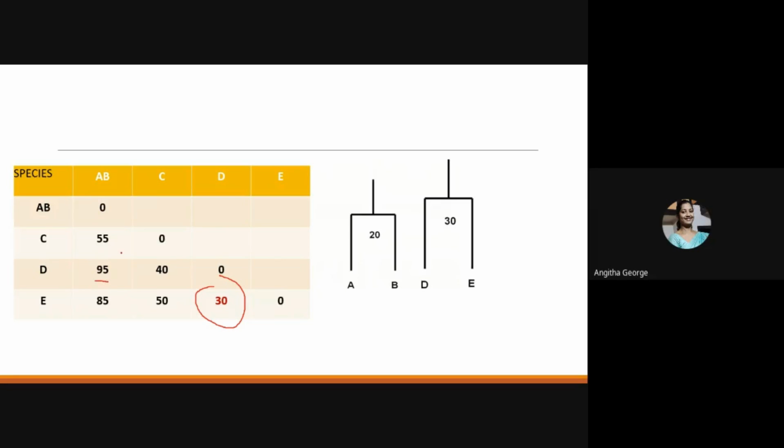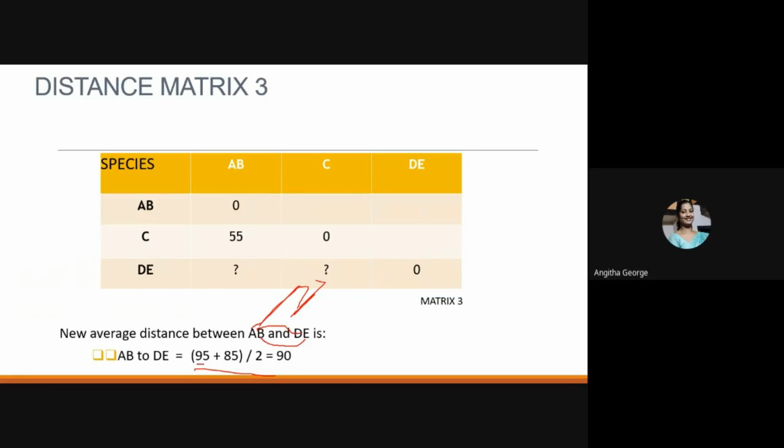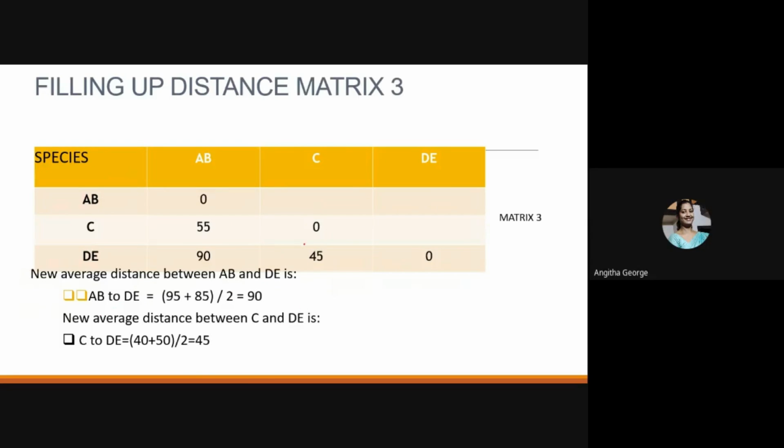That is 95, and AB to E is 85. That's why 95 plus 85 divided by 2, you will get the result 90. So I fill this table. Then find out the distance between C to DE. How? The same equation. So I get its value is 45. Clear? So I can fill this matrix 3.